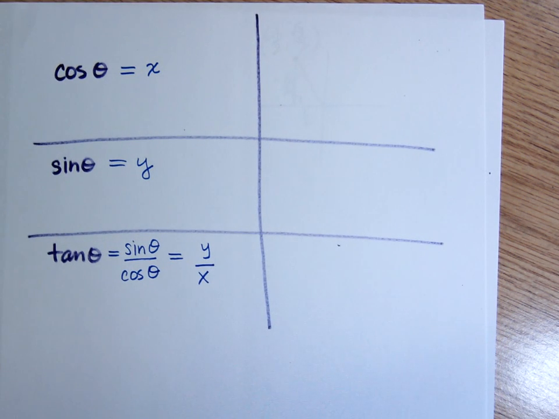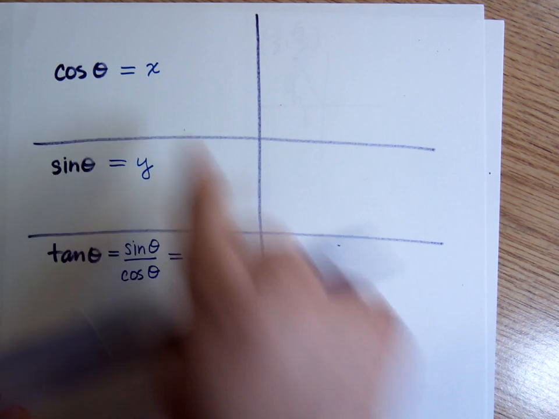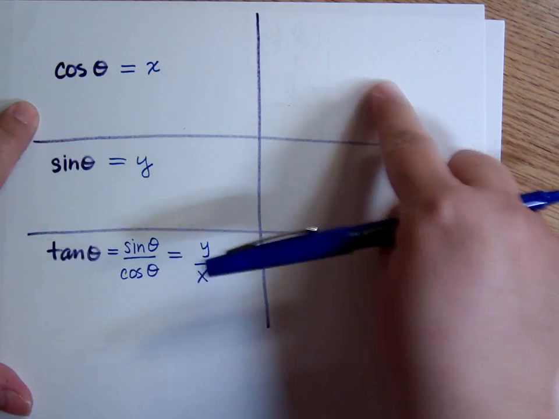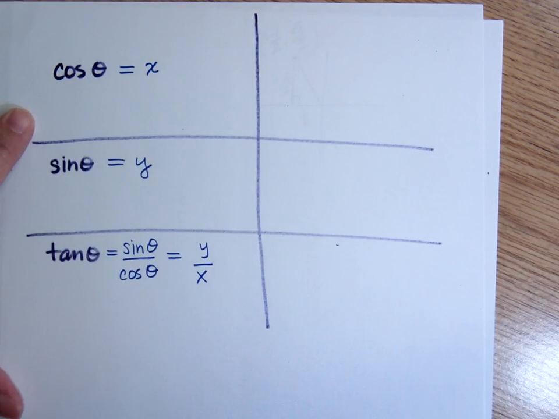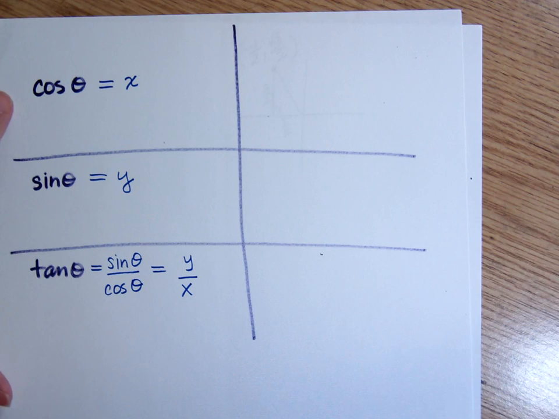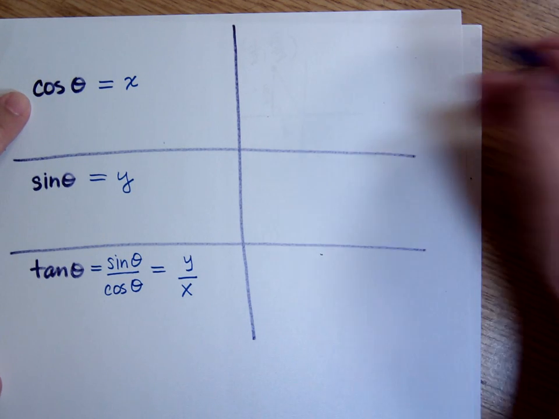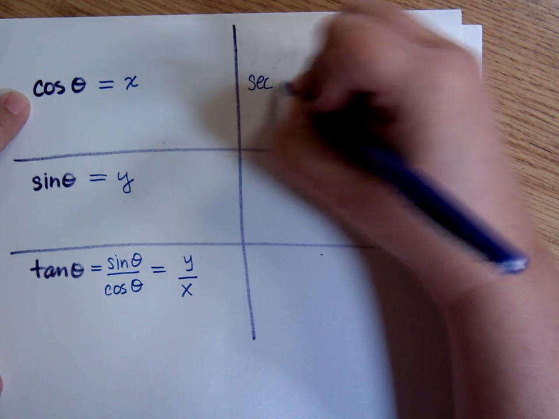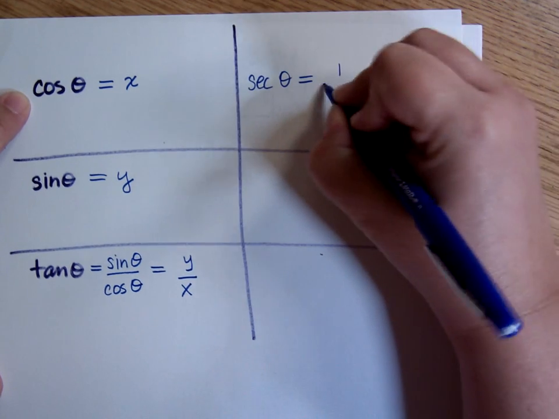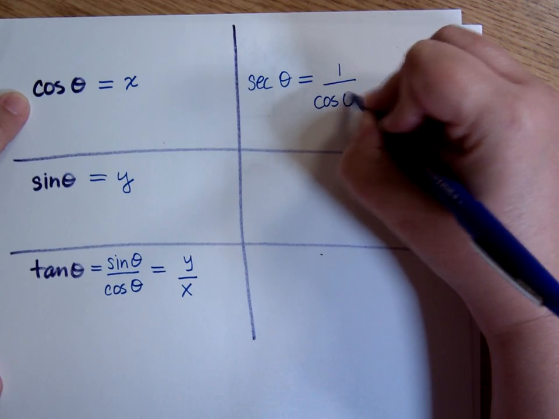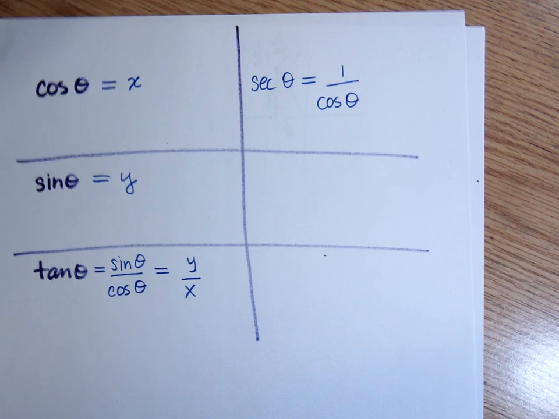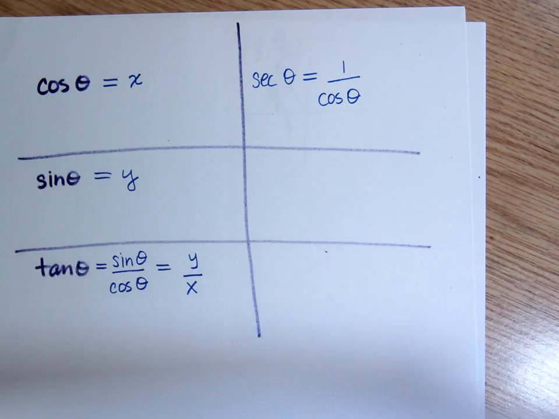Now the cofunctions are the ones that pair up with each of these, and I'm putting each one across from the function it's a cofunction with. Cosine is a cofunction with secant. Secant is the reciprocal of the cosine. This means flip it over.